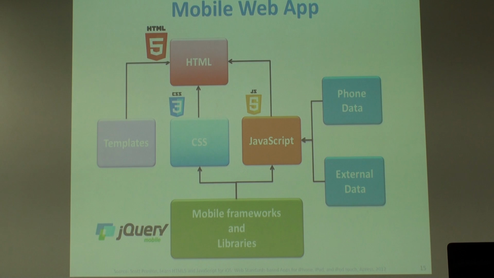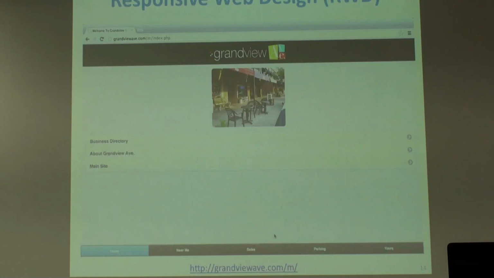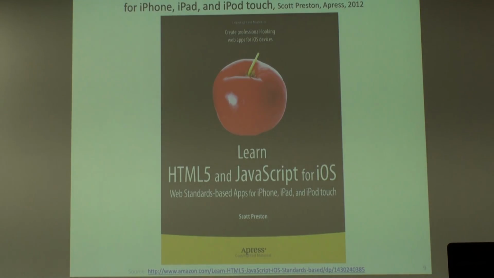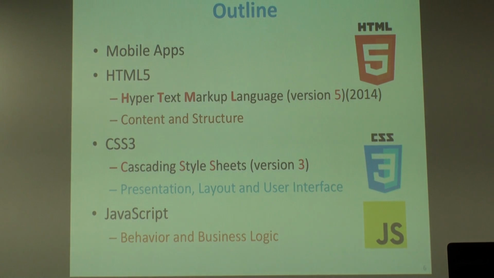We use HTML5 for the user interface, or for presenting our business logic, or HTML5 stands for the content and structure. Which one? There are three technologies, right? This is content and structures, right?